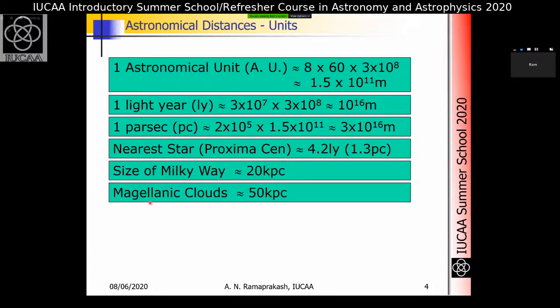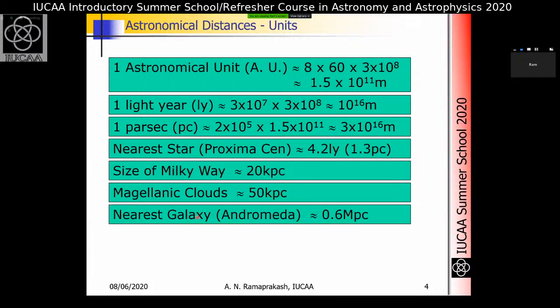If I take the nearest galaxies, which are dwarf galaxies going around our Milky Way, called Magellanic clouds, there are two of them, the Large Magellanic Cloud and the Small Magellanic Cloud. They are about 50 kiloparsecs away. Andromeda is the nearest galaxy to our Milky Way which is not a dwarf galaxy, it is the nearest big galaxy. That is about 0.6 megaparsec, or almost 1 megaparsec away.